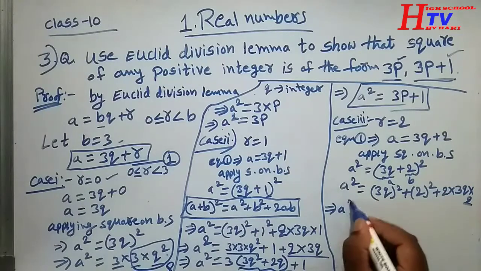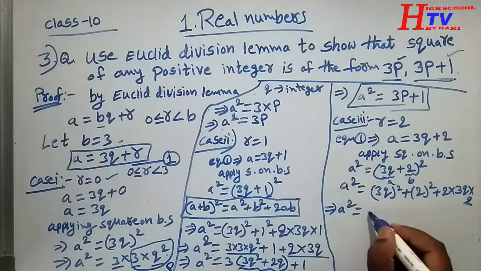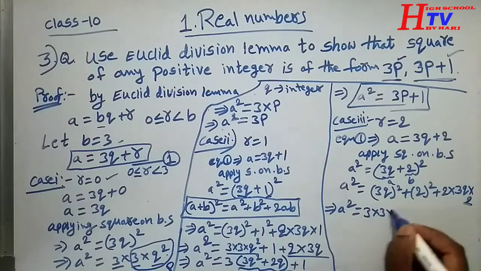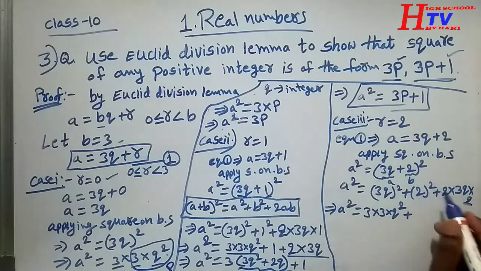That implies a square equals 3 into q square plus 2 square is 4 plus the multiplication 3q into 2 into 2, which is 12q.